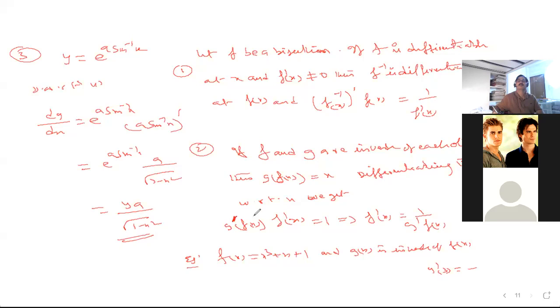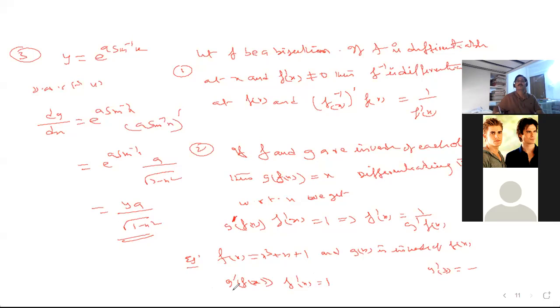Now it is clear. g dash f of x, right, into f dash x is equal to 1. F dash x is equal to 1.